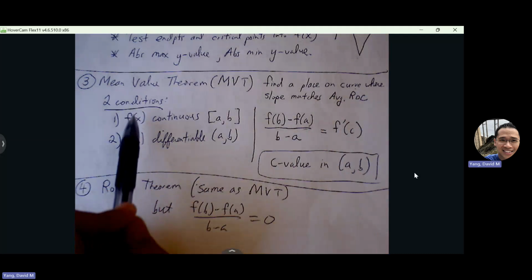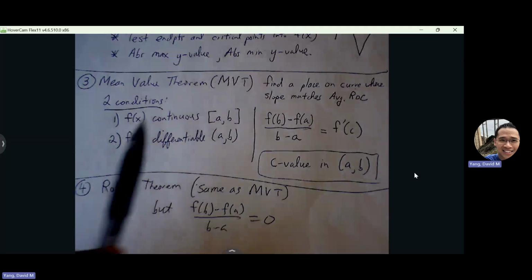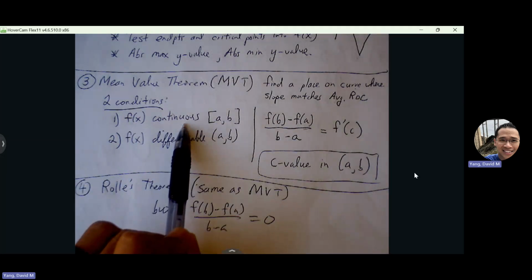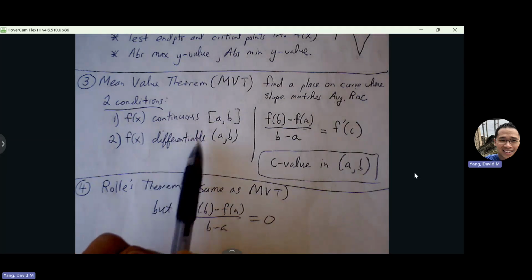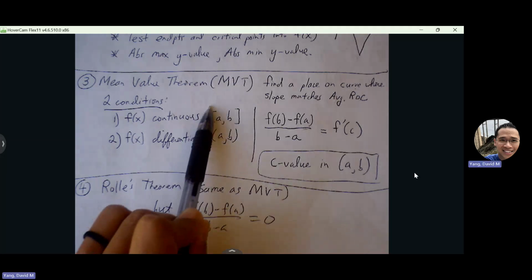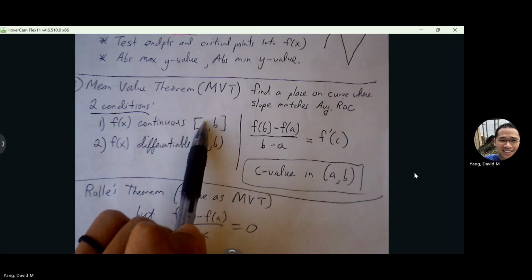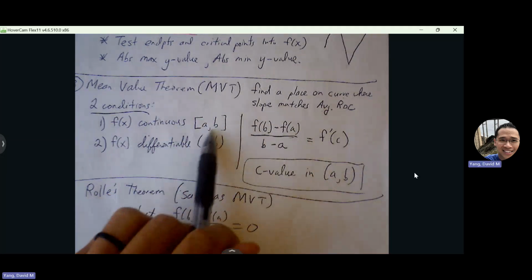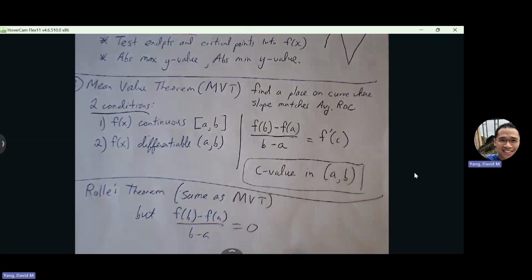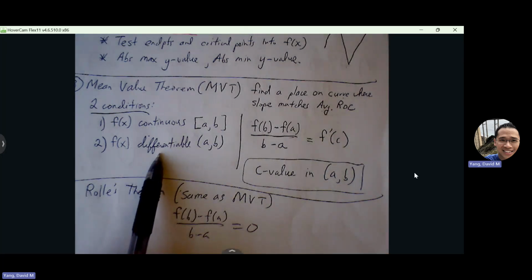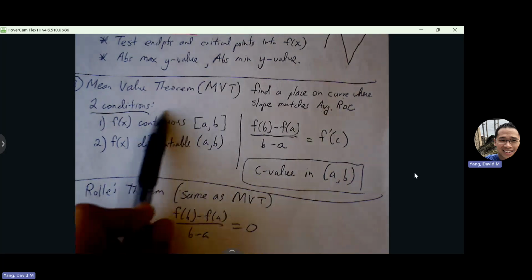So there are 2 conditions involved with mean value theorem and Rolle. Function is continuous, bracket, differentiable with parentheses. For now, you only have to worry about continuous. If you can just make sure that there are no discontinuities that's impacting the interval, and if you can get past that condition, then the second condition will follow along with it. Okay, make sure we state it.